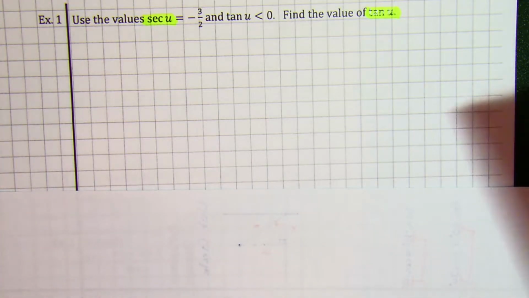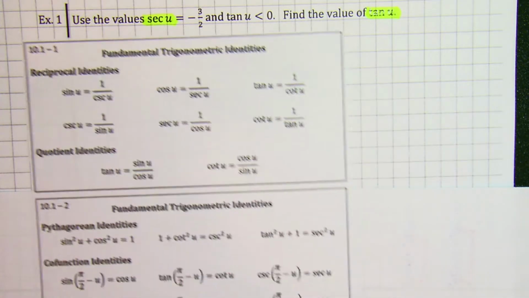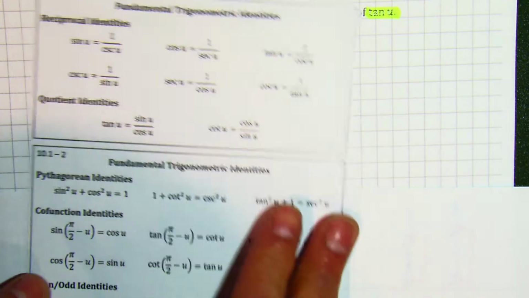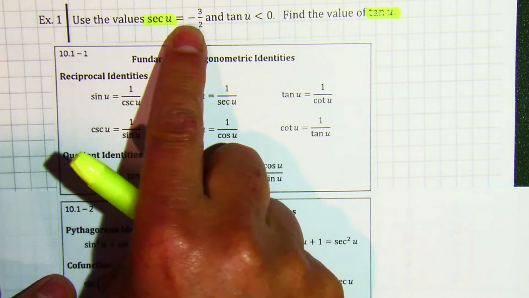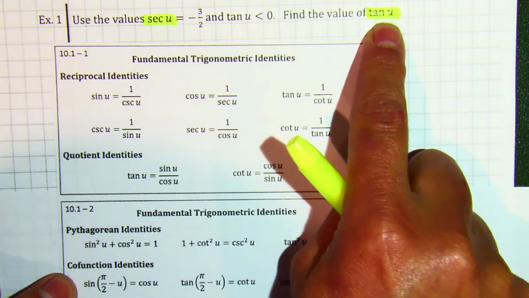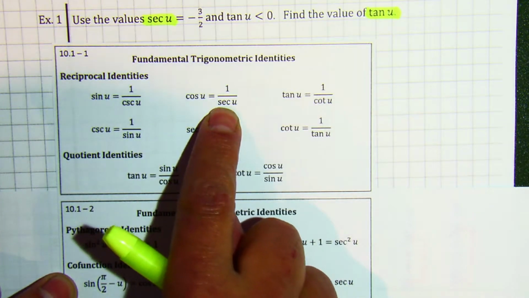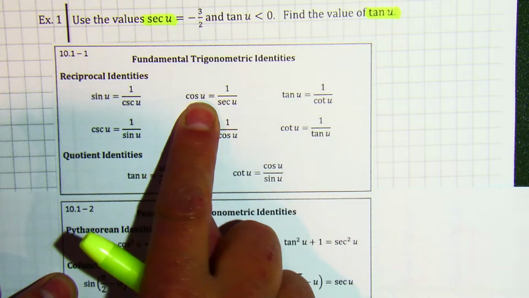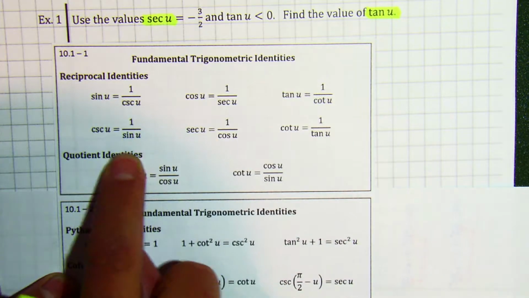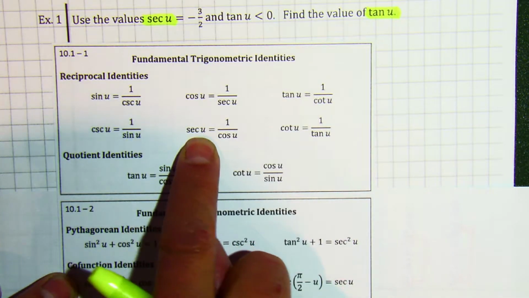So therefore, I'm going to go through my formulas, and I'm going to go through the previous page and say, okay, I'm looking for secant because that's given to me, and I need to be able to find tangent. So secant, no, I have secant, but not tangent. I have cosine, so that doesn't help. I have secant, but no tangent.